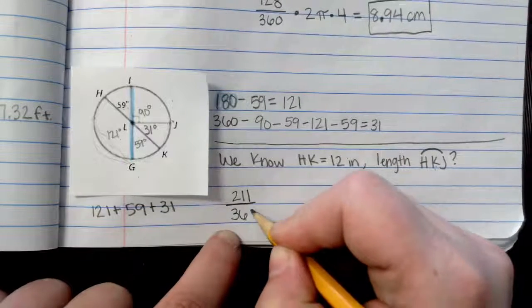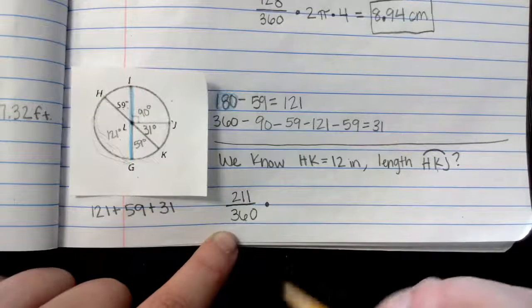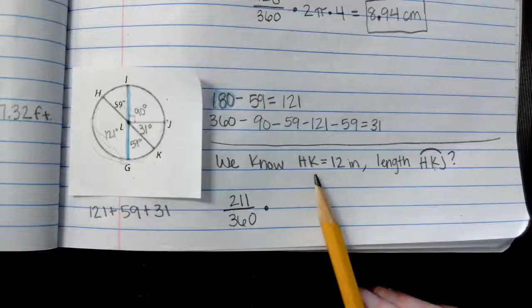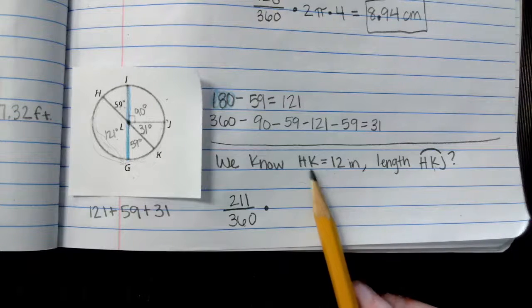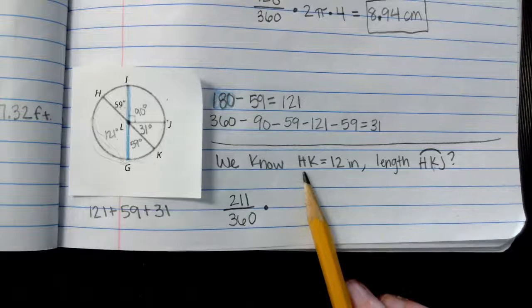So pi times, what's my diameter? 12. If you wanted to do the 2 pi r, that would be fine. You would do 2 pi times, what would the radius be? What's half of 12? 6. So you could do 2 times pi times 6. You'll get the same thing. But you just have to decide whether the length was a radius or a diameter.